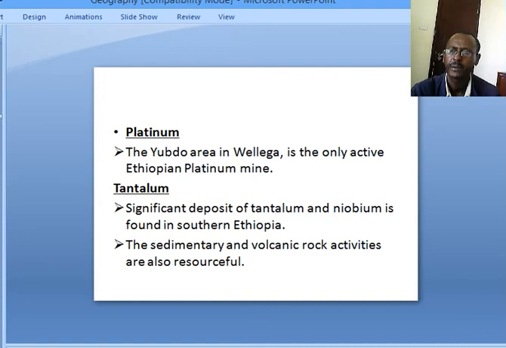Significant deposits of tantalum and niobium are found in southern Ethiopia. The sedimentary and volcanic rock activities are also resourceful for tantalum to be formed.